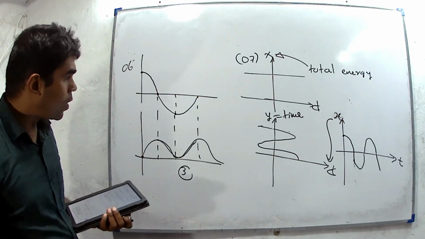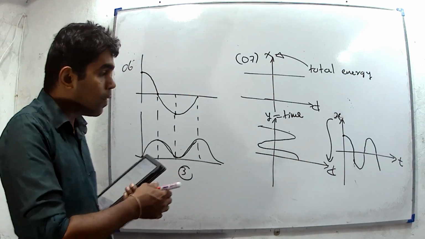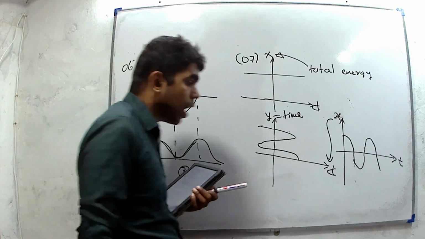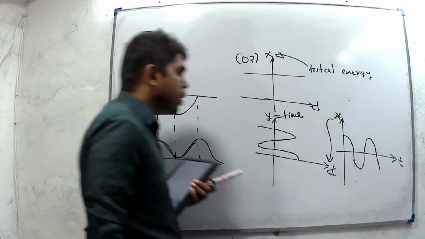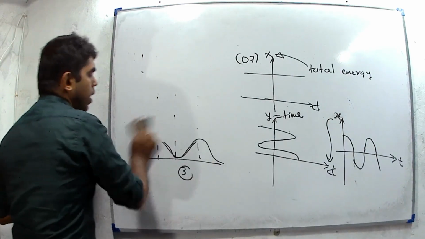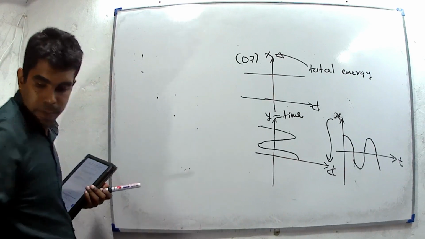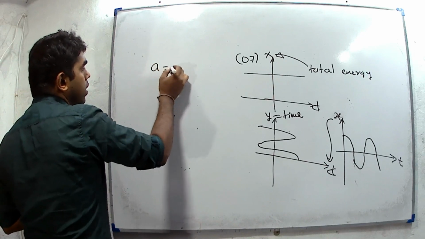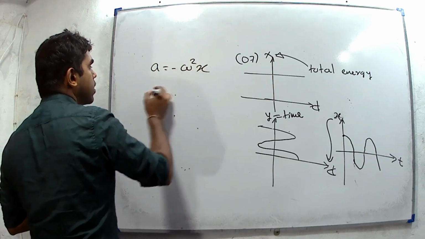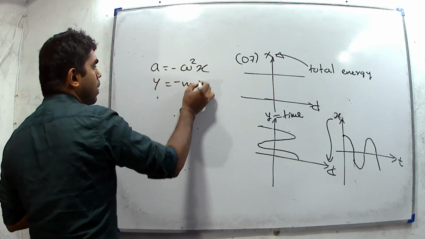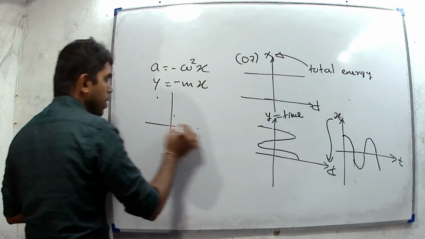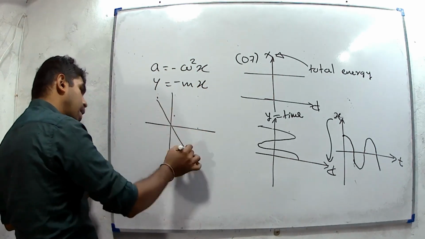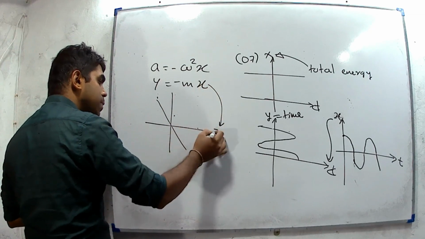Last one, we know that there is only one straight line graph relative to simple harmonic motion. It is the graph representing acceleration, minus omega squared x, y equals minus mx type graph. Therefore, this is the displacement.